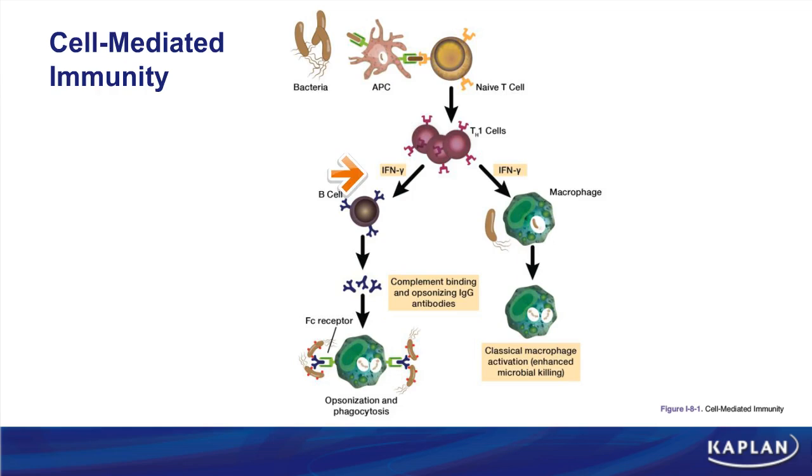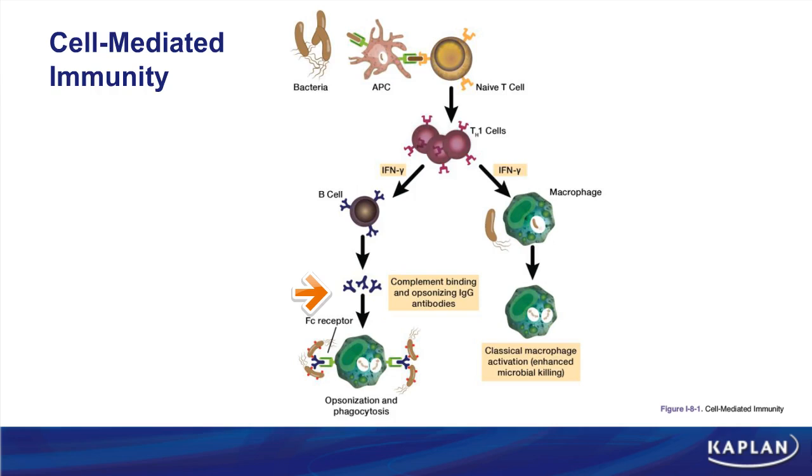Our B cells are going to undergo activation, and we will have B cells that are going to undergo isotype switching. That isotype switch will primarily be to IgG, and the IgG then can be utilized using a variety of different approaches. It can lead to increased activation of the classical complement pathway.